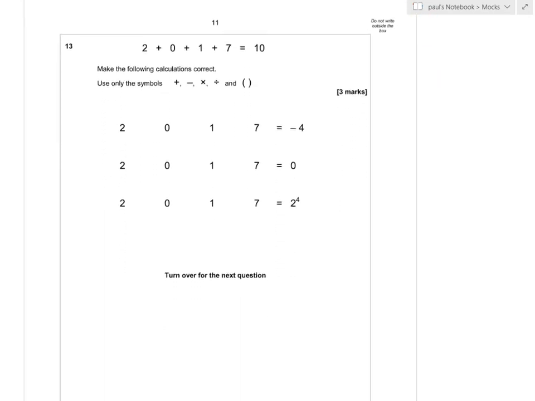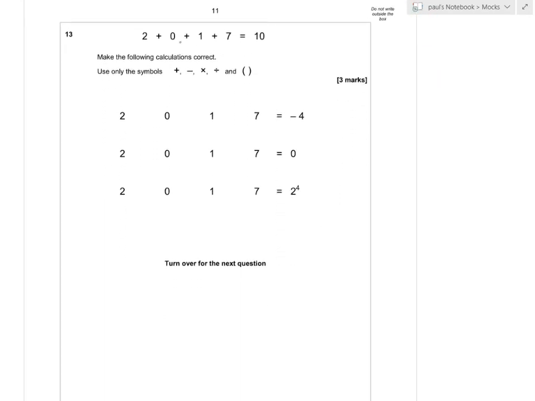Bit of thinking involved in that one. Well, there is. What do you expect? Right, what are we going to do? 2 plus nothing plus 1 plus 7 equals 10. Make the following calculations correct. Oh, so we can use any symbols, I suppose.